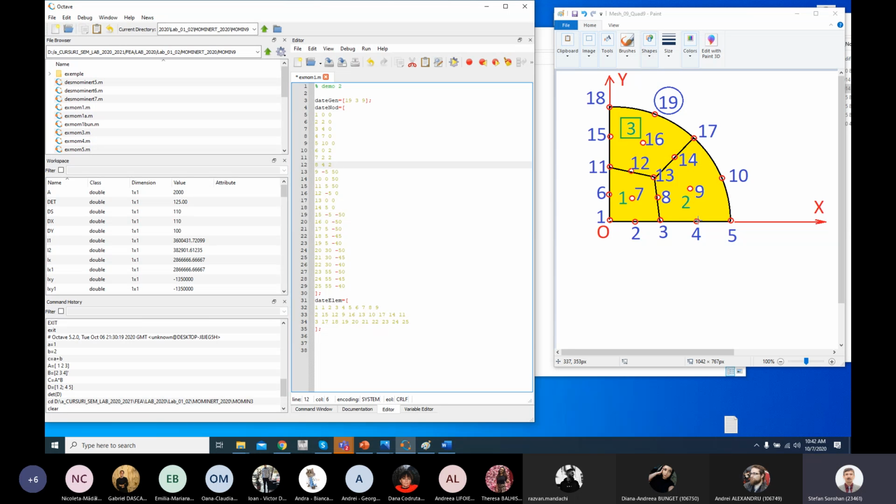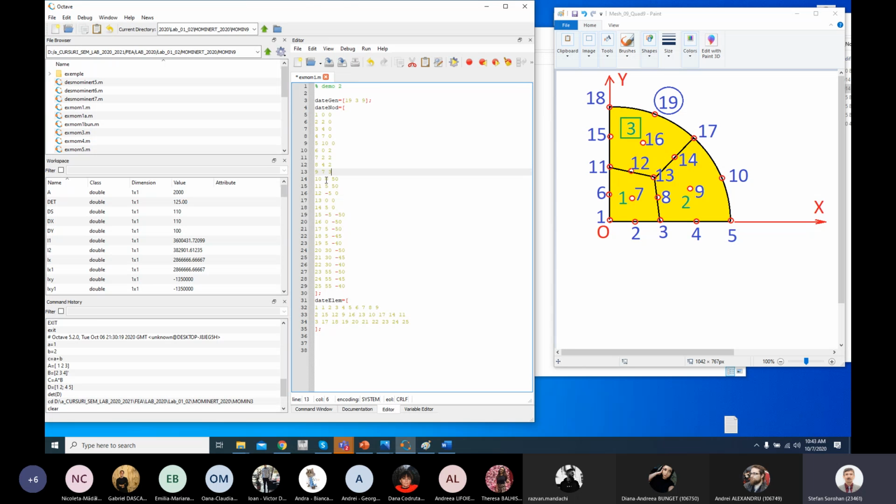The node number 9, maybe 7 and let's say 3. Node number 10, this is along this circle, so it is important to be exact. And for that, I will suppose that this angle here is 22.5.